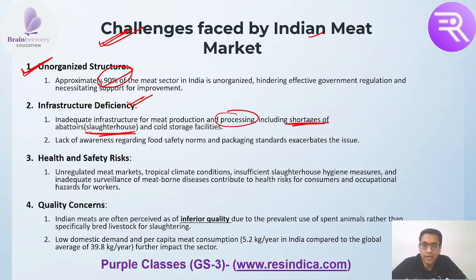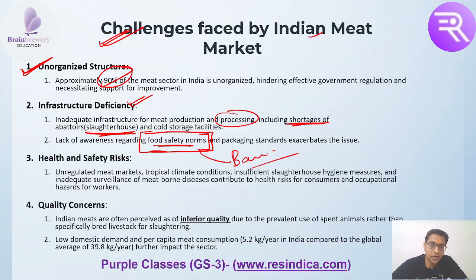How are they going to produce that? Then lack of awareness regarding food safety, because animal product is prone to bacterial, fungal, and viral attack. So there is a need for high standard food safety norms in this whole area. Only at very big, mechanized factories can you find these norms being followed, but at other places, right?